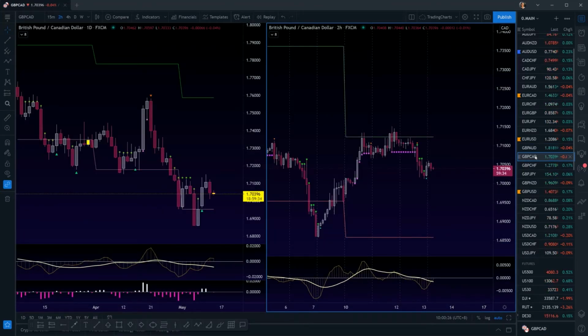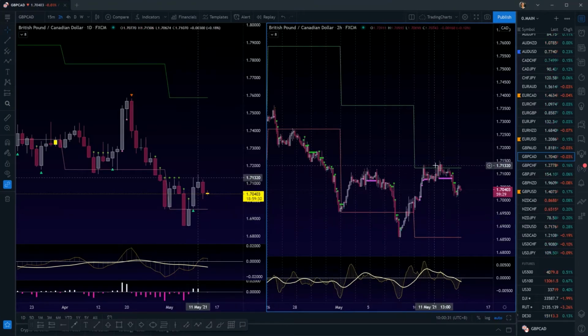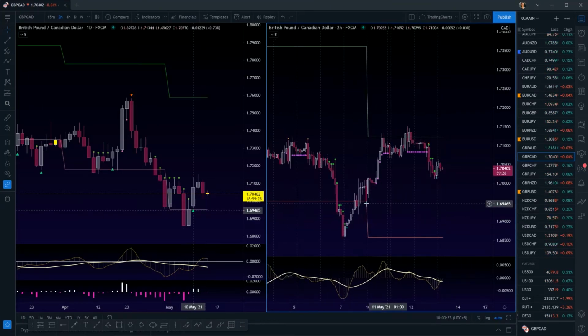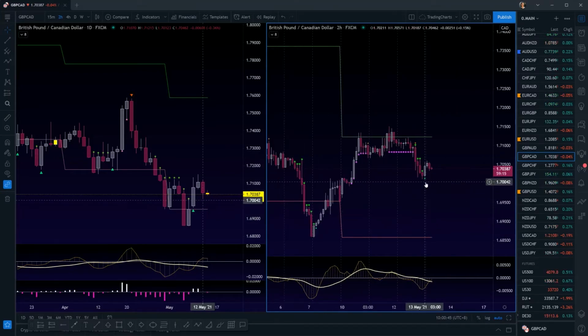British pound, Canadian. Let's see. This high and then a higher high, so this is still an uptrend. This is like a little pullback. You can see here, this trend up, and this is like a pullback with this trigger right here.